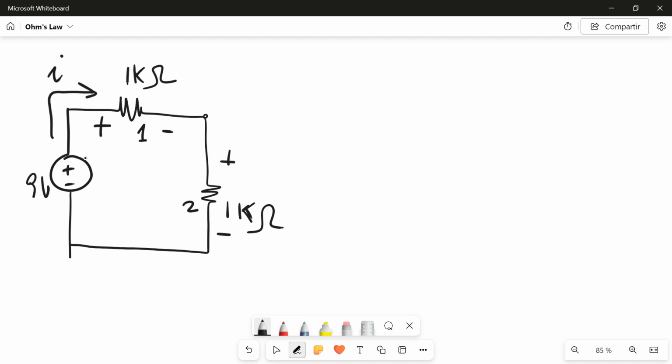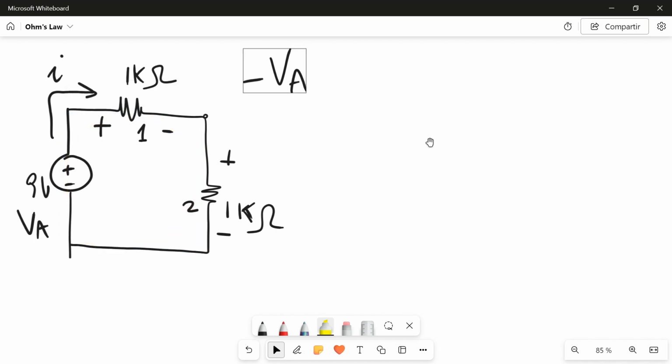And I know the solution of this, if I do the meshes. Let's say that this voltage here is VA, and these two are V1 and V2. With the meshes, I will have minus VA, because I come from this point and I go around the mesh, as I told you in the previous video.